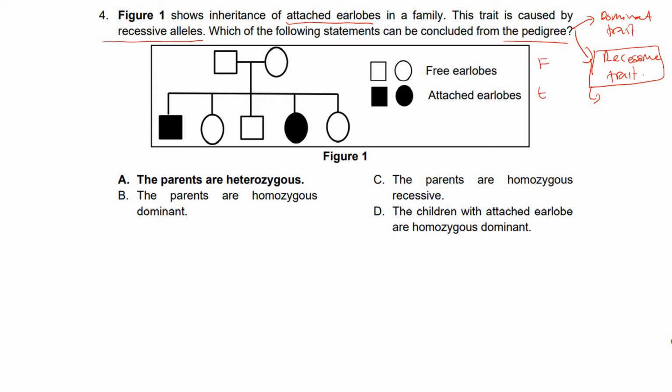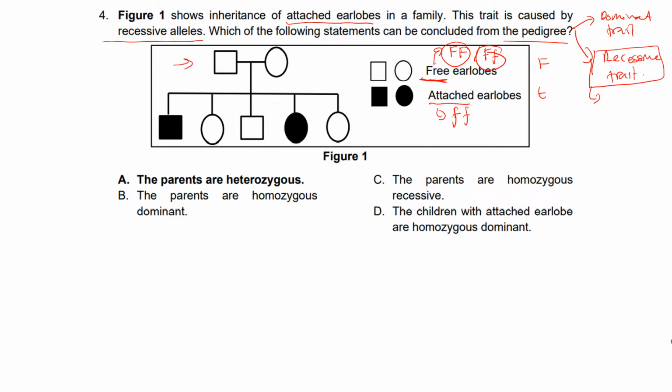Individuals that have free earlobes could either be homozygous dominant or heterozygous. But individuals that have attached earlobes are obviously only homozygous recessive, so the genotype will be small f, small f.